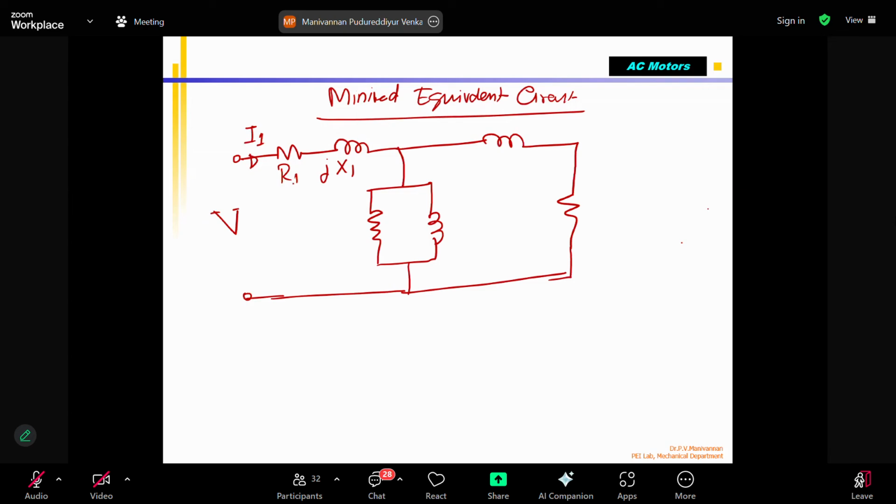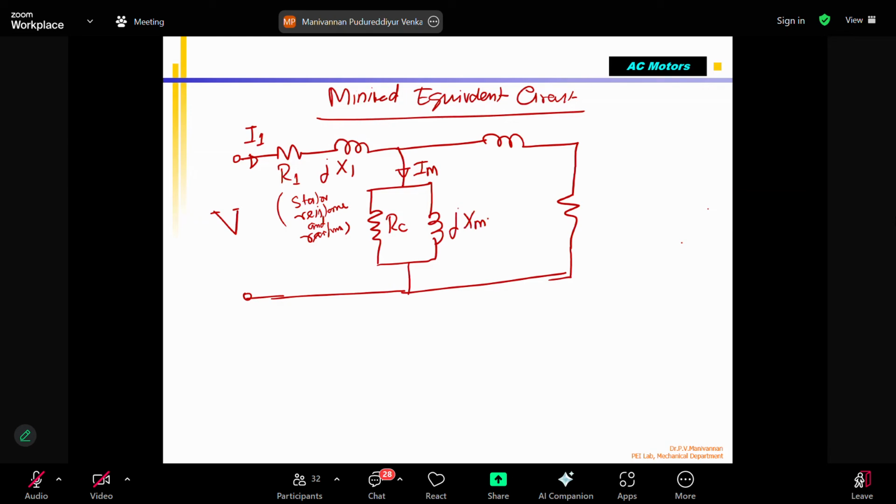This is called R1, the stator resistance, and here also the stator reactance. IL is the current entering the stator coil. That is divided into two parts: IM, the magnetizing current, which flows through RC and jXM.